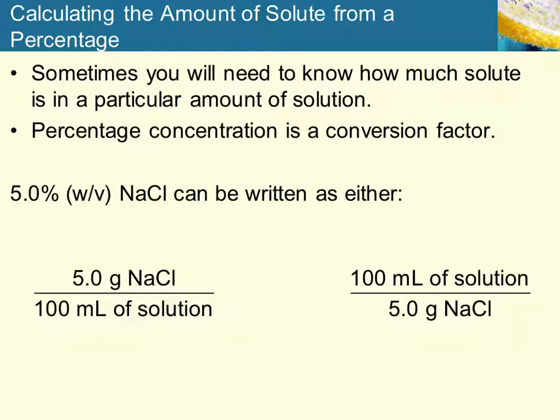So in this case, a 5% weight volume sodium chloride solution can be written as either 5 grams of NaCl over 100 mL of solution, or 100 mL of solution over 5 grams. So again, it's a conversion factor, and this will help us when we're solving problems.